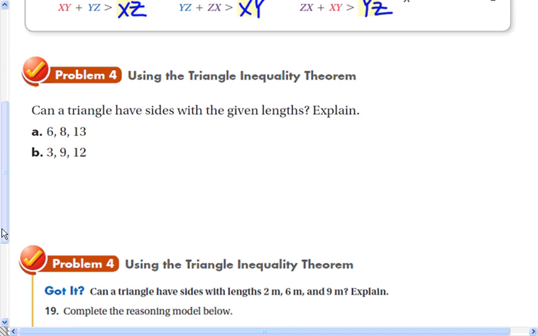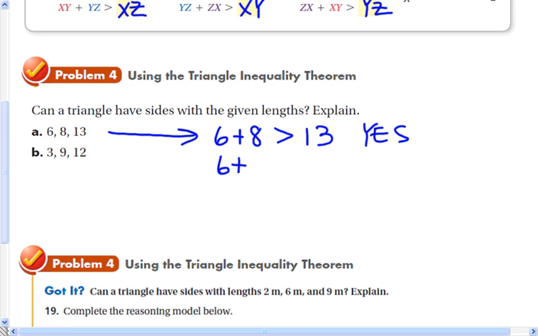Can a triangle have sides with a given length? Explain. Well, if it can, we have three things that have to happen. 6 plus 8, we have to see if that's greater than the third side, which is 13, and that answer is yes, so that's okay. Also, 6 plus 13 must be greater than 8, and 8 plus 13 must be greater than 6.